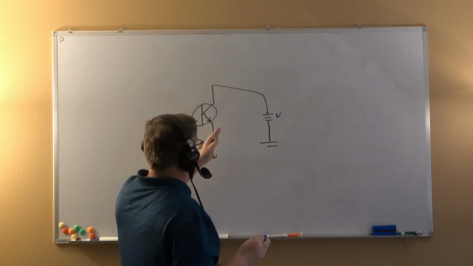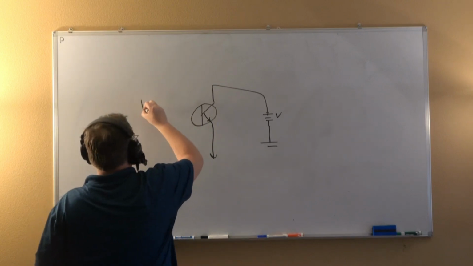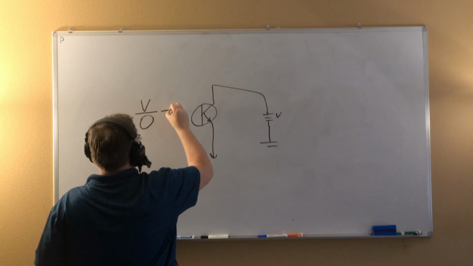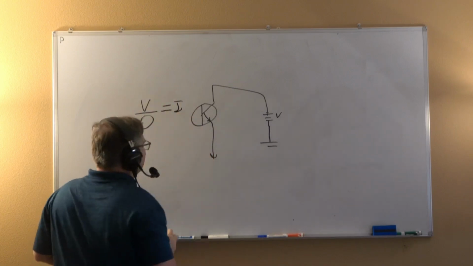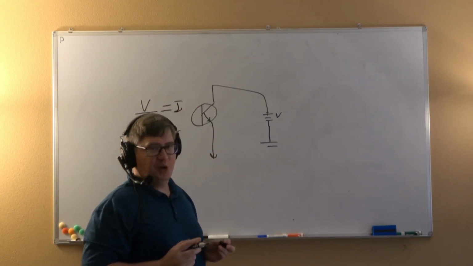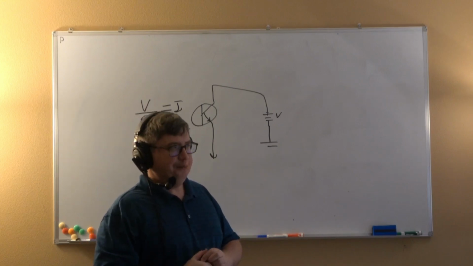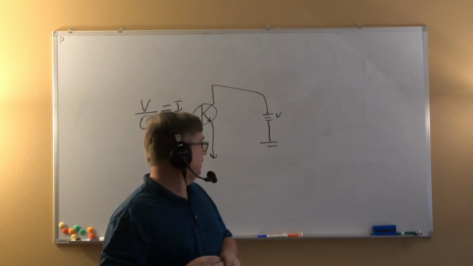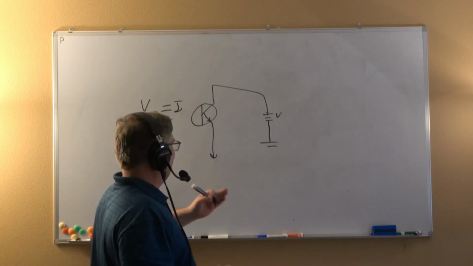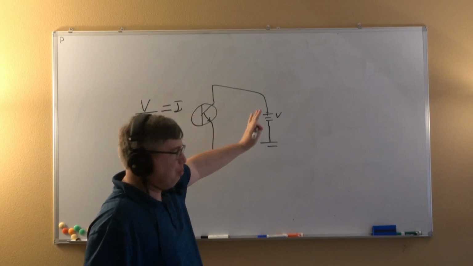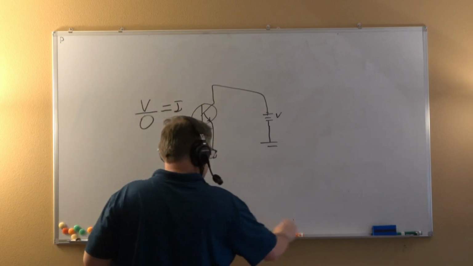So let's say that would be V over 0 equals I. Now we know that V over 0 is undefined, but in the real world there's no such thing as idealistic. I know this is coming from our microcontroller, so it's always good practice. That's not what 0 is.